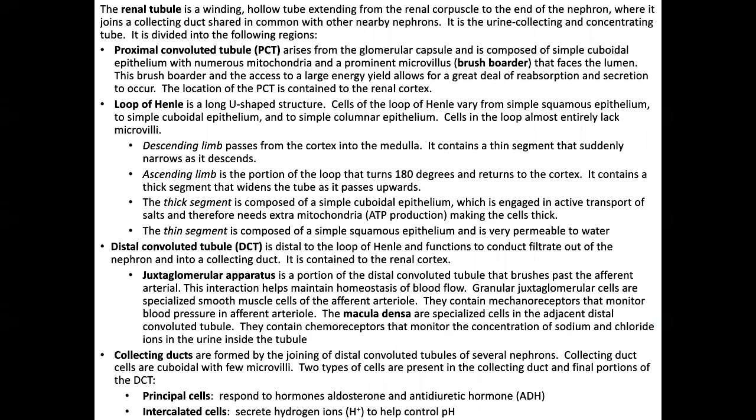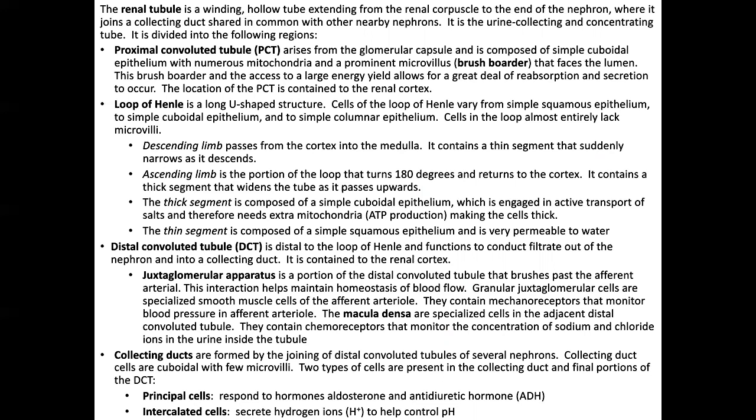The renal tubule is where that filtrate will flow once it leaves the corpuscle. Your renal tubule is a hollow, long, winding tubule that allows for the passing of stuff back and forth between our blood and the interior, the lumen of the tubule, where eventually that filtrate, which at this point we could almost call urine, flows into a collecting duct, a common duct shared with other nearby nephrons.